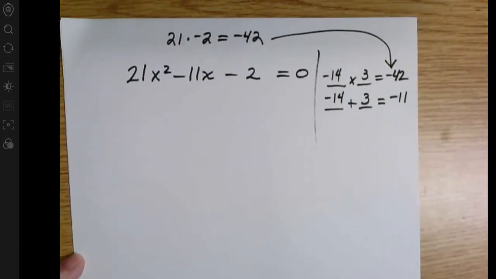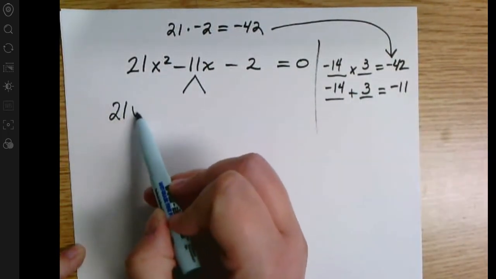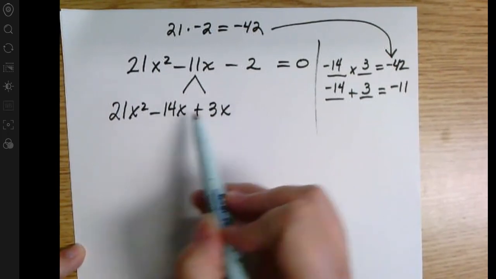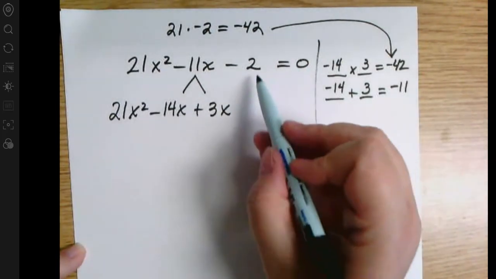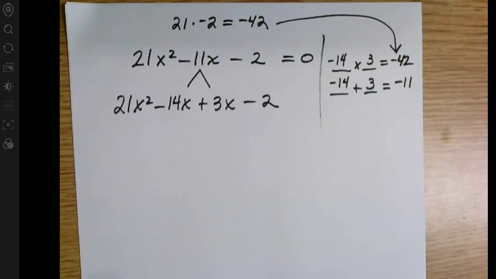Okay, so now I take those 2 numbers and I'm going to split up the middle term into -14x and 3x, because remember, these 2 terms have to add up to be that. So they need the x. Bring this guy down. Okay, and I'm ready to group because I've got my 4 terms.